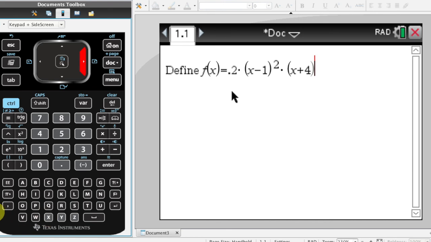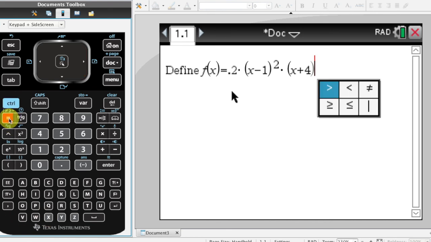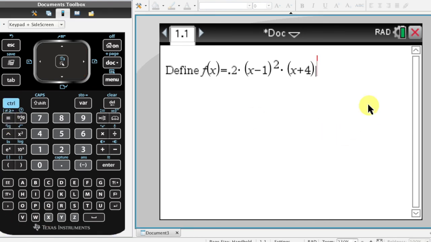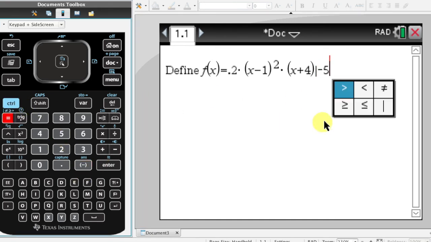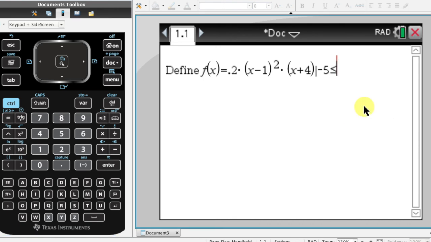And there's a domain restriction there, so it's given that x is going to be between -5 and 2. The original question had square brackets, meaning it's inclusive, so I'm using the inclusive symbol.